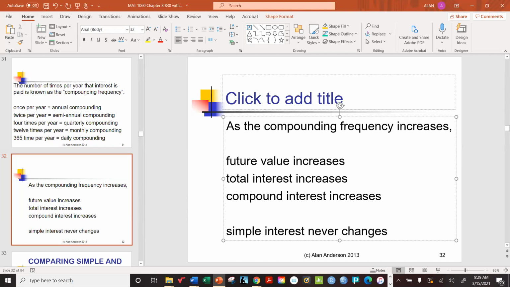So in other words, the simple interest doesn't depend on the compounding frequency. It only depends on the rate of interest, the time, and the principal. These others, though, will continue to increase as we keep increasing the compounding frequency.